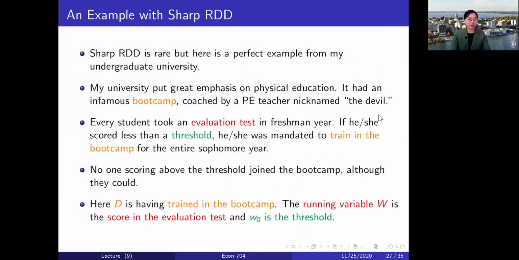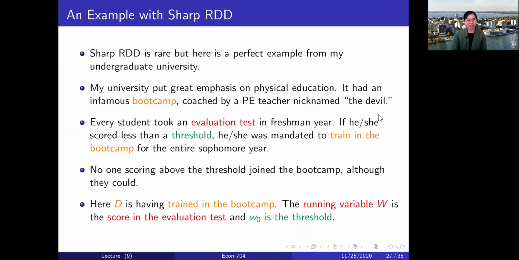In fact, sharp RDD in practice is pretty rare, but let's consider this perfect example from actually my undergrad university. This is actually a true story. So my undergrad university put great emphasis on physical education.